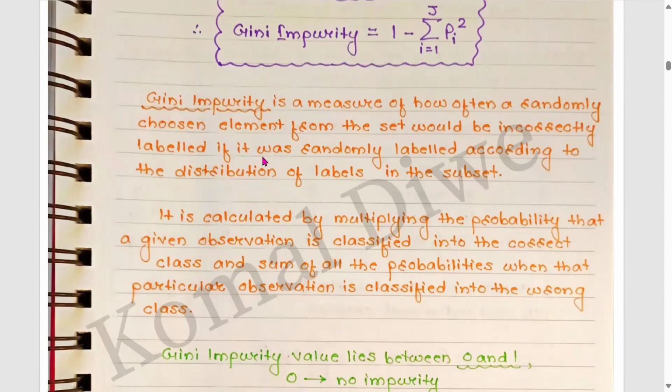Gini impurity is a measure of how often a randomly chosen element from the set would be incorrectly labeled if it was randomly labeled according to the distribution of labels in the data subset.